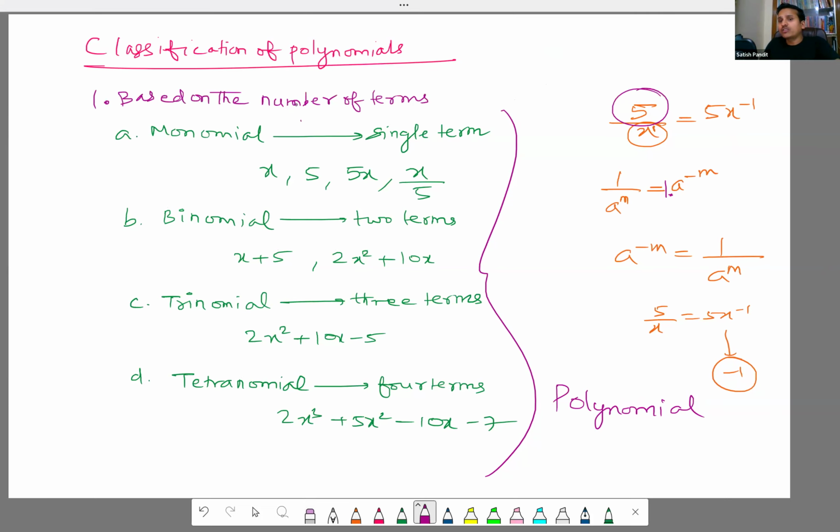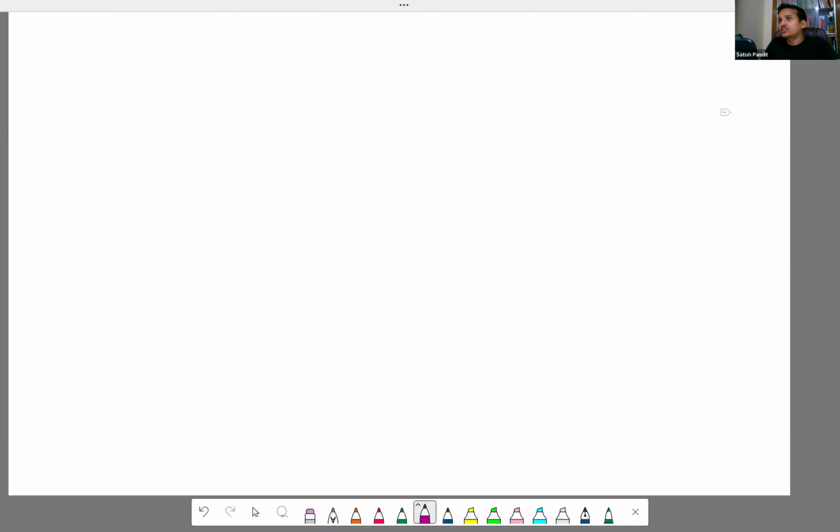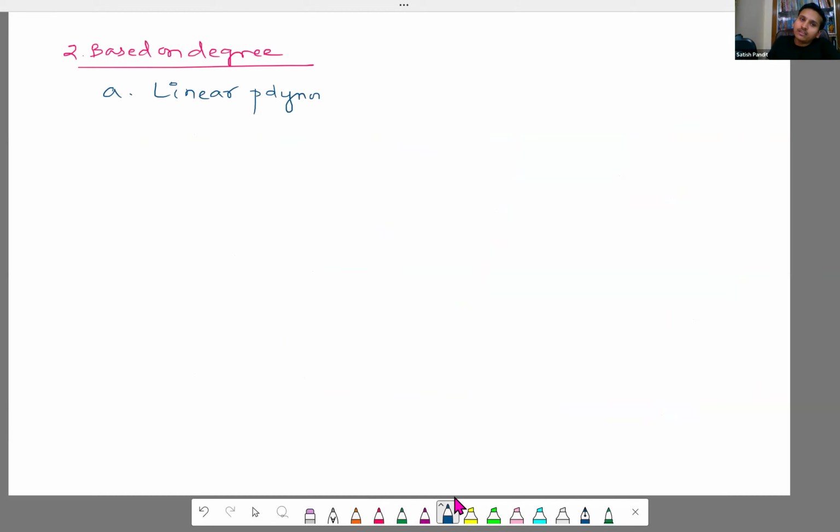So we have understood all these are polynomials. Now we are going to classify based on degree. So next is classification based on degree. Based on degree, we are going to classify the polynomial as a linear polynomial.